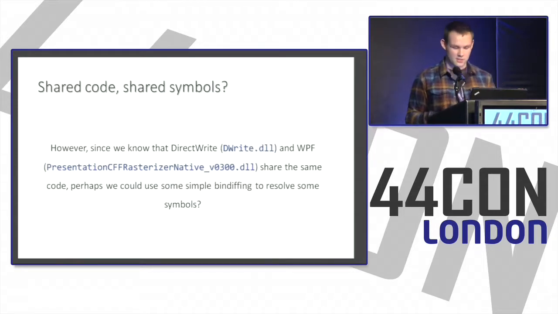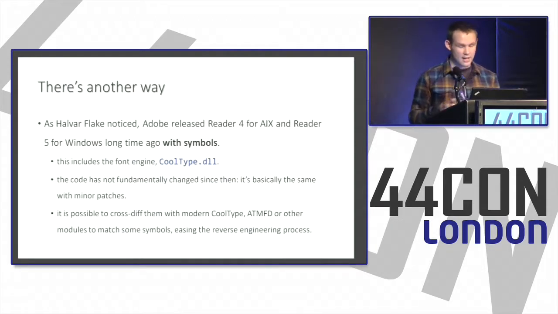But it's also good to note that since the code base is shared, maybe the symbols would be shared as well. For example, the library in Windows Presentation Foundation called Presentation CFF Rasterizer Native blah blah blah has symbols. Maybe we could port them somehow to the ATMFD driver. And as it turns out, this is a valid way, but there is also another way.